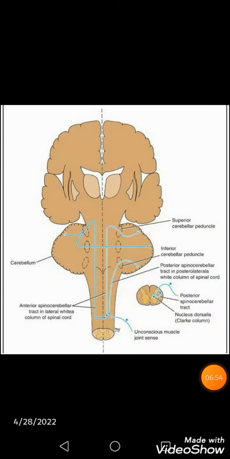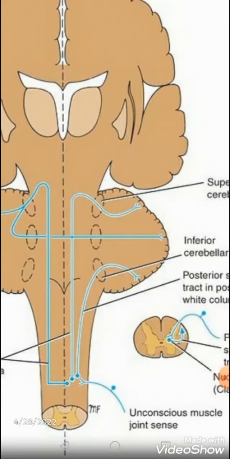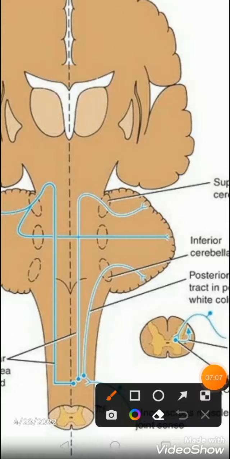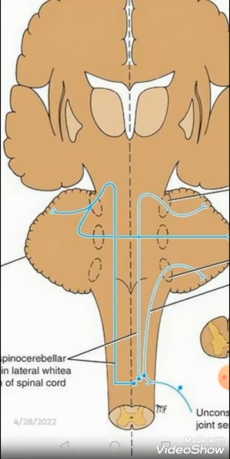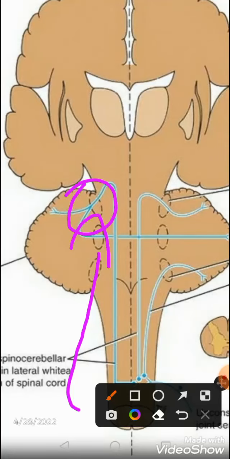Let me summarize again. Now you can see that the information is coming from the muscles. These are unconscious proprioceptive information. They are crossing, right, and are ascending upwards. You can see the anterior spinocerebellar tract, and let me mark that they ascend and finally reach through the superior cerebellar peduncle.